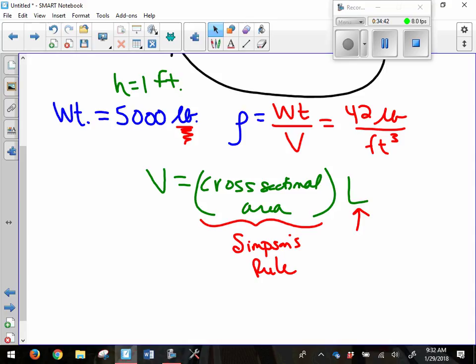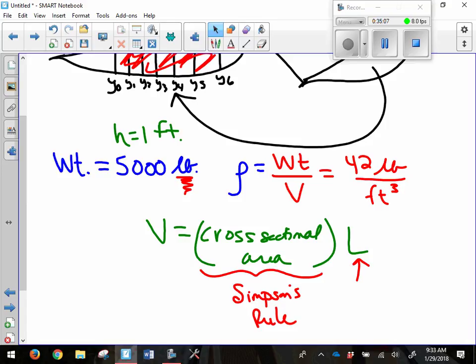Did we say that? You may have read it, and that may be true. So let's start by finding that cross-sectional area, and then we'll come back to this. Everybody got what they need from here? I can lower it if we need other stuff.